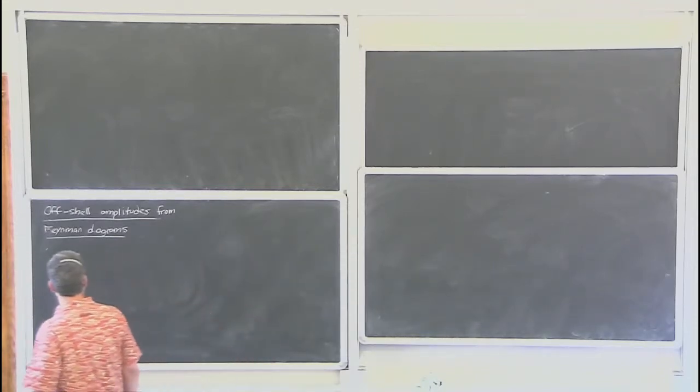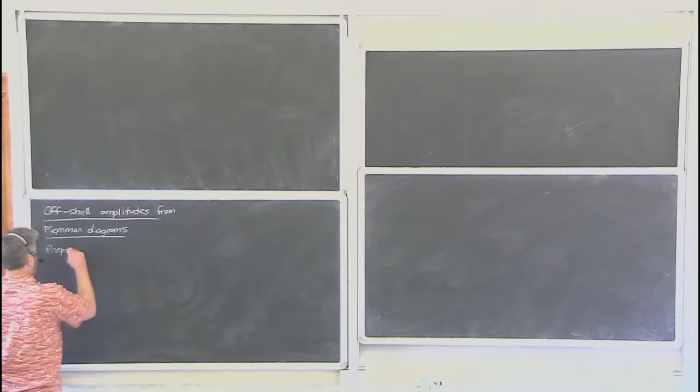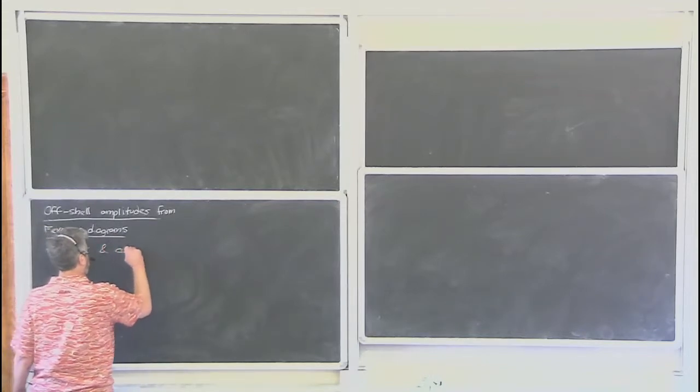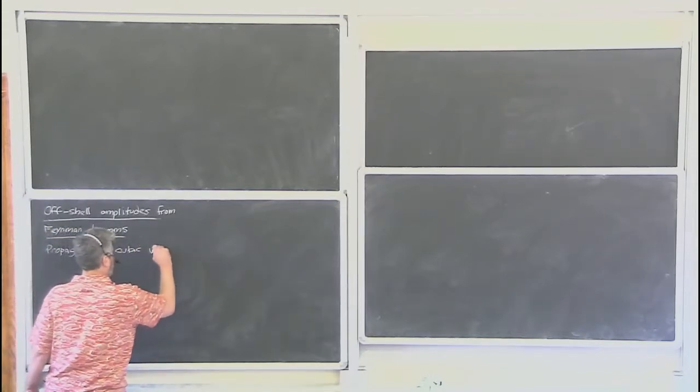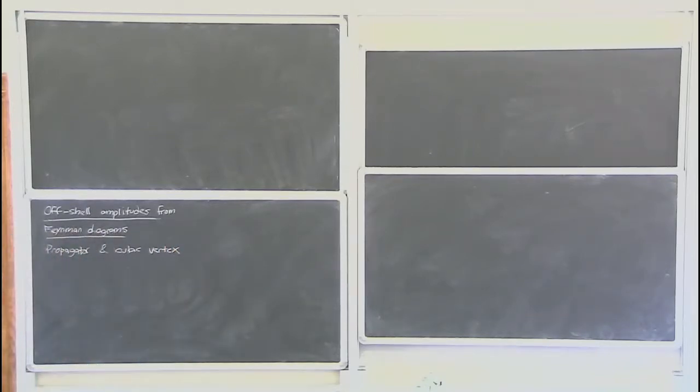So in order to build Feynman diagrams, we need two ingredients. We need a propagator and a cubic vertex. Normally these would be given to us by the action, but we don't know the action yet. So instead, I just want to motivate the form of this propagator and this cubic vertex, and then use that to construct the action.